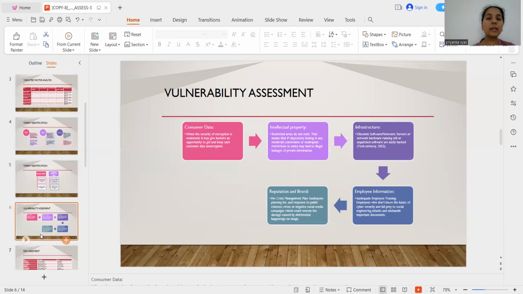Next, vulnerability assessments are given for consumer data, then intellectual property, then infrastructure, next employee information, and last reputation and brand.